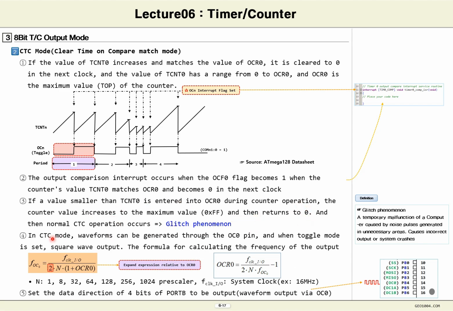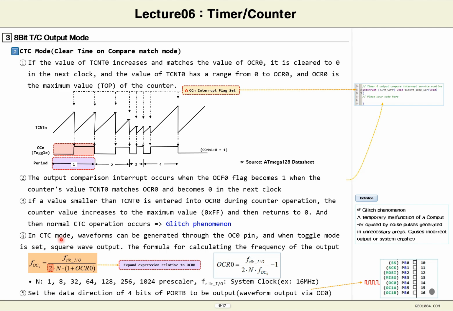We call the situation where CTC behavior like this occurs a glitch phenomenon. So, we need to control it to prevent glitches from occurring.